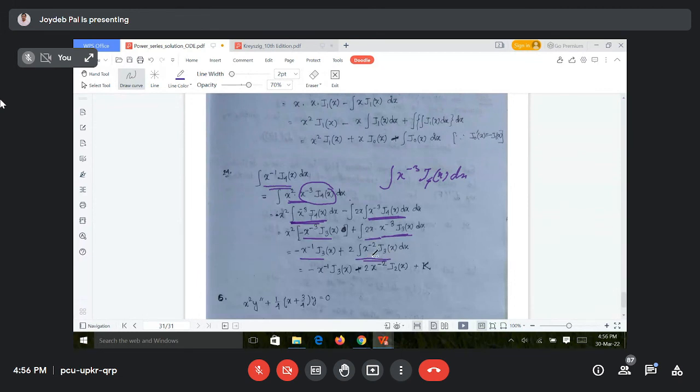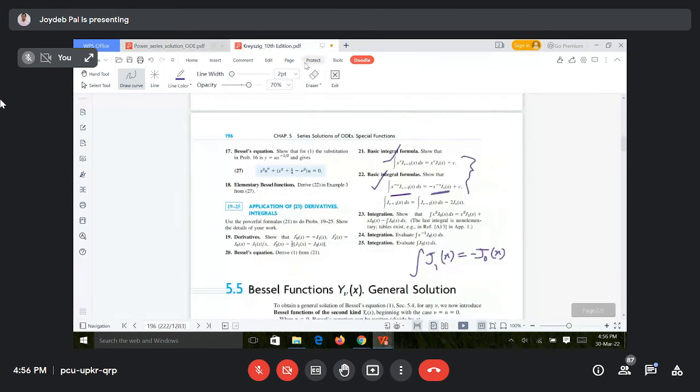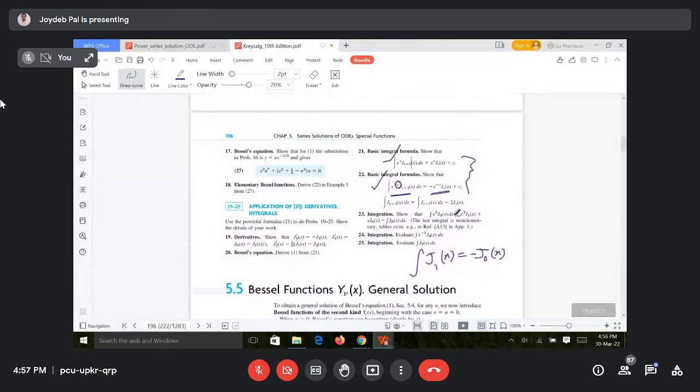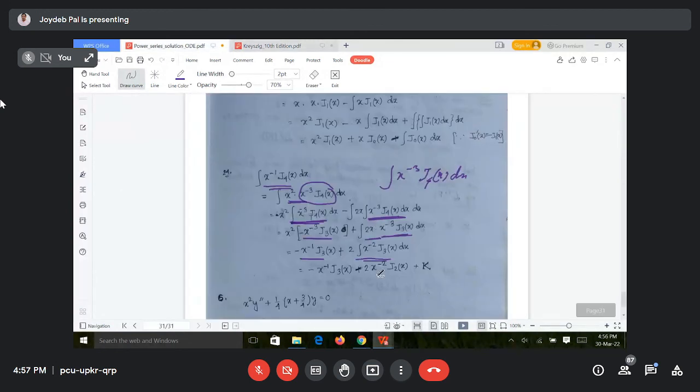Okay, now again we can apply the formula for a particular nu. Look here, if we take nu as 2 in that second formula, it will be x to the power minus 2 into j3 integration. So the integration of x to the power minus 2 into j3 will be minus x to the power minus 2 j2. So minus x to the power minus 2 into j2, and the 2 was already there, and after integration I am writing an arbitrary constant.